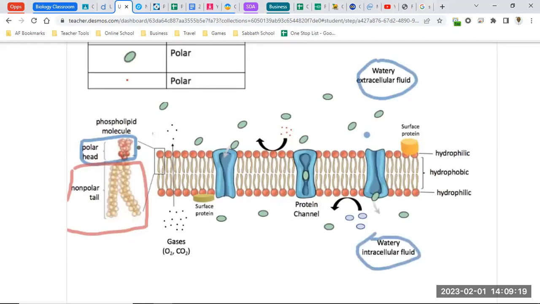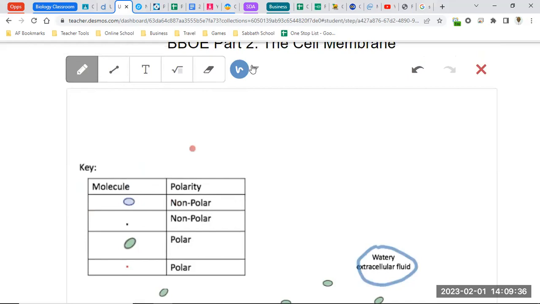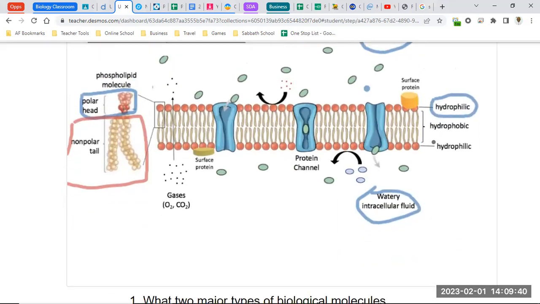Just like the head, and the head is hydrophilic, what does that tell you about polar things? Now note well, the tail is non-polar, and the tail is also hydrophobic. What does that tell you about polar things and non-polar things?